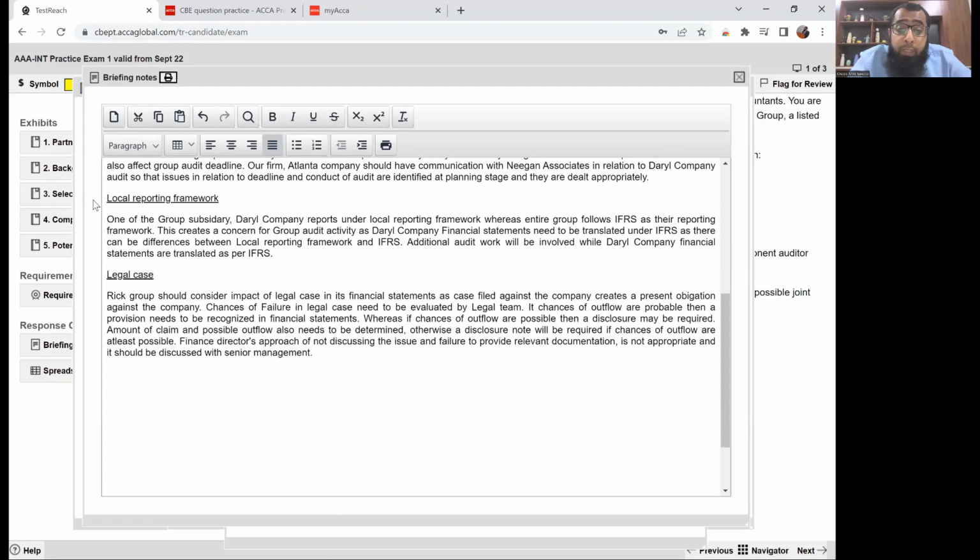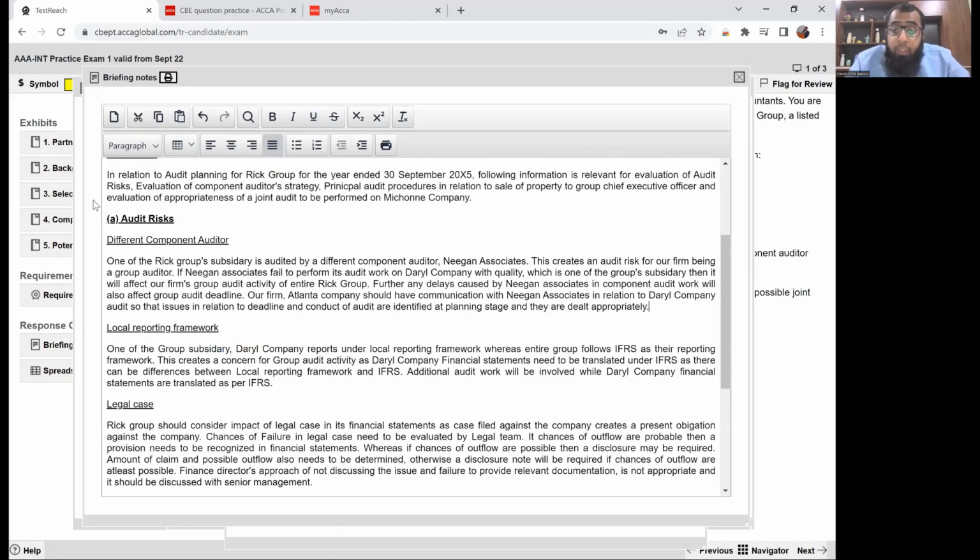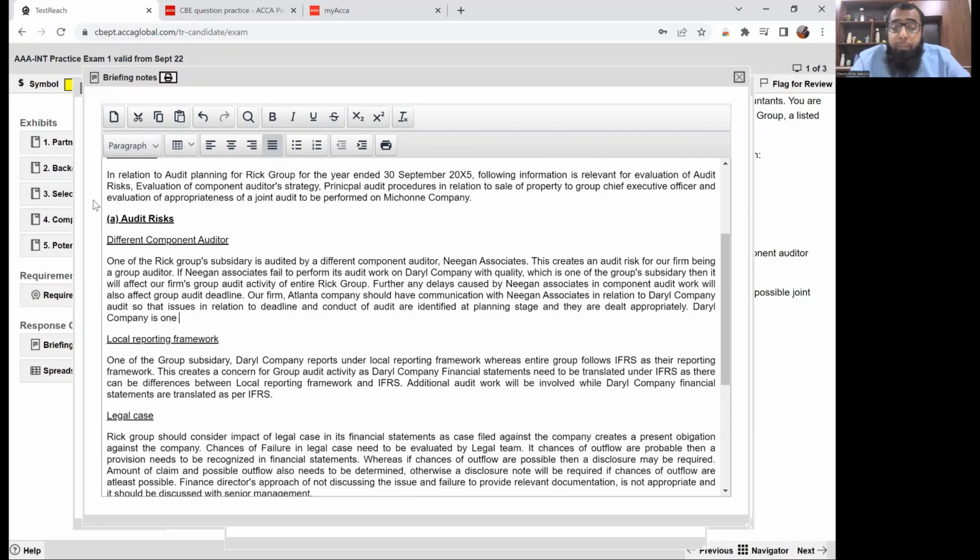So what you can do is that here where you wrote a risk of different component auditor, you can add a point, you can add a comment here. Daryl company is one of the significant subsidiaries of the group, as its assets of $140 million represent 17.9% of total group assets.